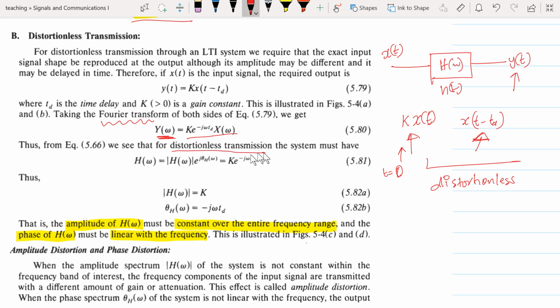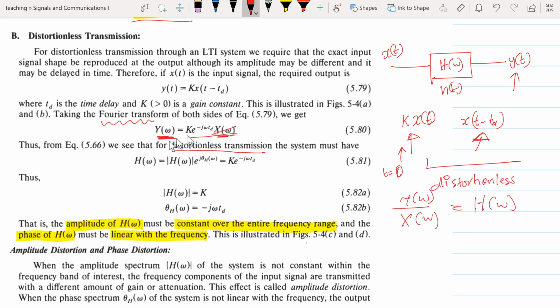From that equation, we can find the frequency response of that distortionless transmission system. It is just a matter of identification: since Y of omega over X of omega gives you the frequency response of the system, H of omega, we can identify our X of omega and Y of omega here.